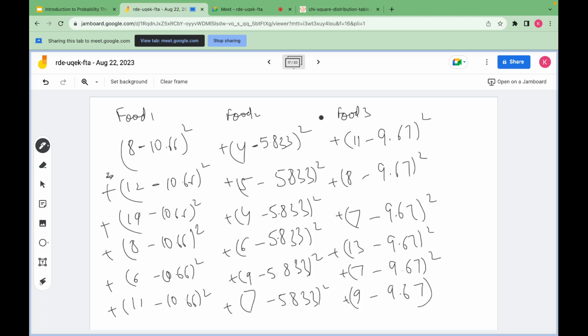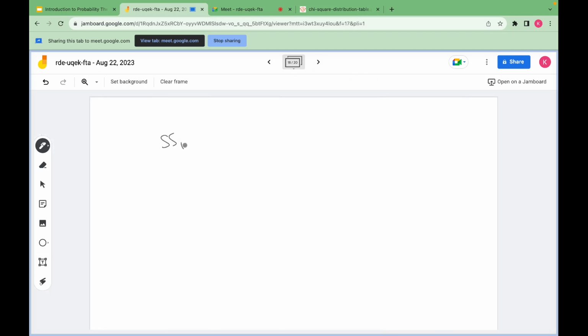So we add all these values, and this total is SSW. This SSW comes out to be 156.4915.